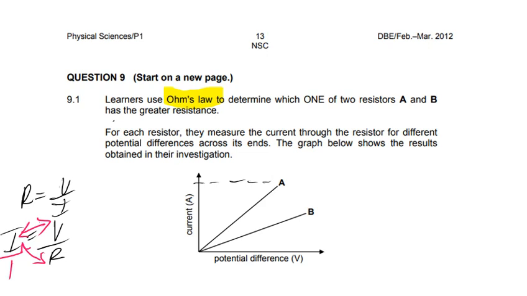As you can see, the current is higher at which point? If you go to this graph, you see the current is high. Here, let's say 0, 0.